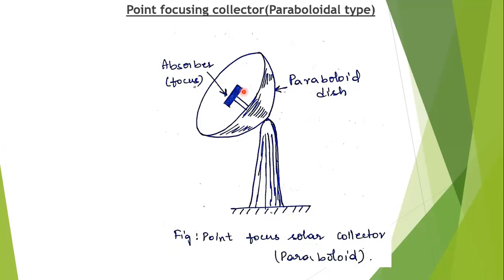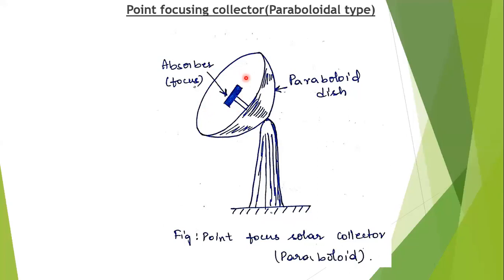This is the paraboloidal dish, the point focus solar collector. The dish is approximately 6.6 meters in diameter, and the inside part is made of 200 curved mirror segments.